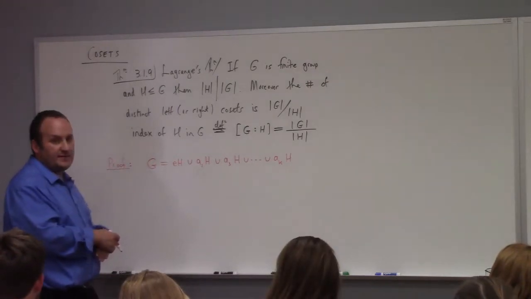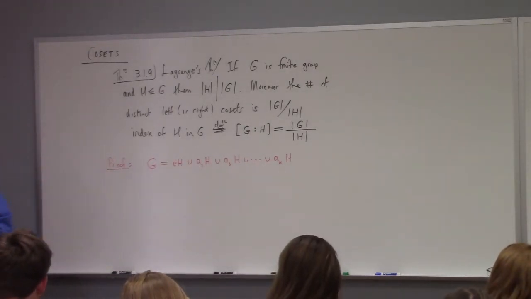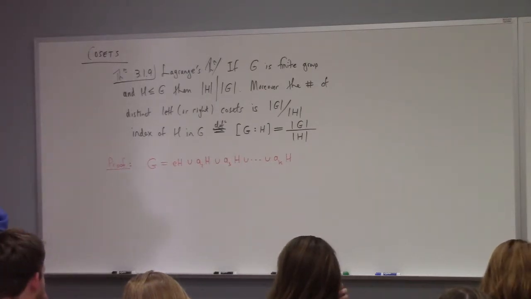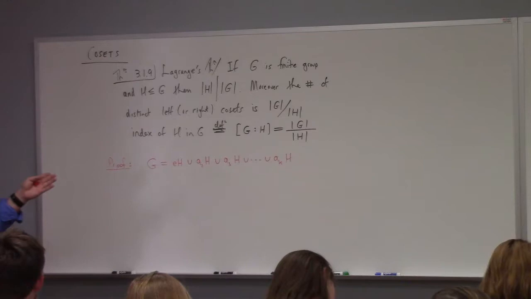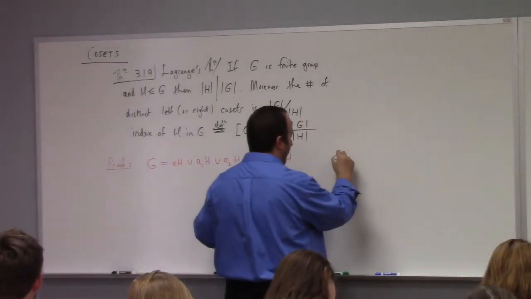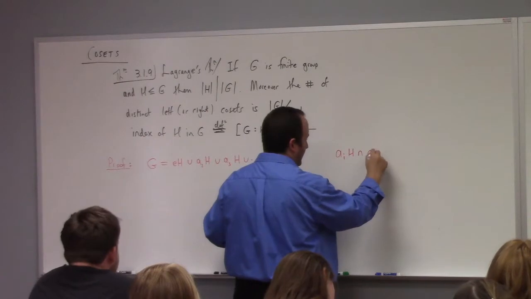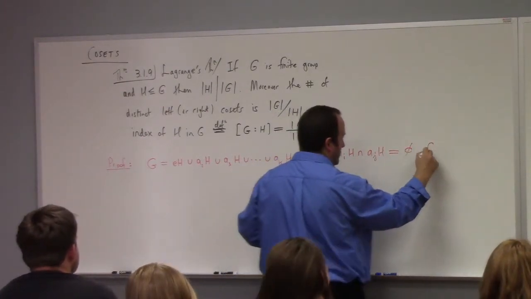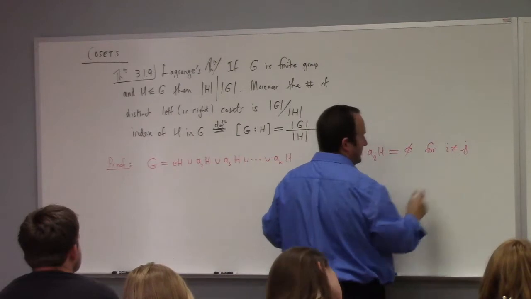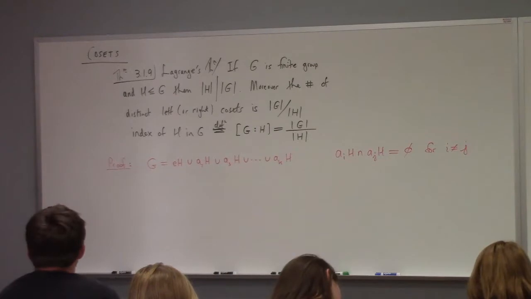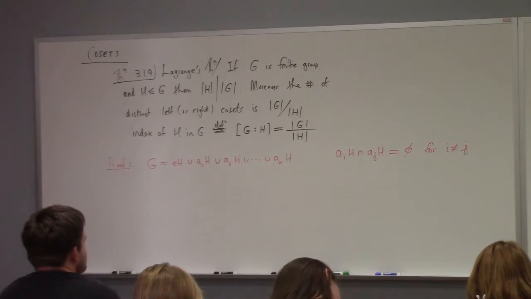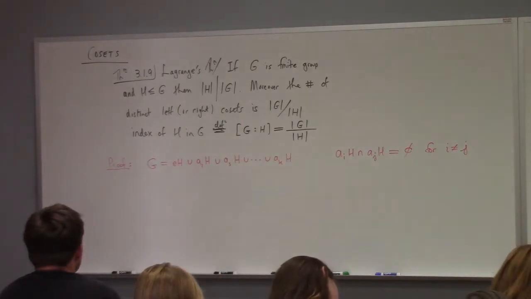So clearly everything is covered by some left coset. Furthermore, by part 3, they're disjoint. So the union of the distinct left cosets, what I'm saying is here, AiH intersect AjH is empty for i not equal to j. I can do that by part 3. But what else do I know? By part 5, what is the size of each one of these cosets?